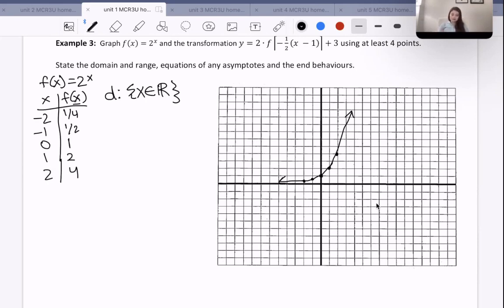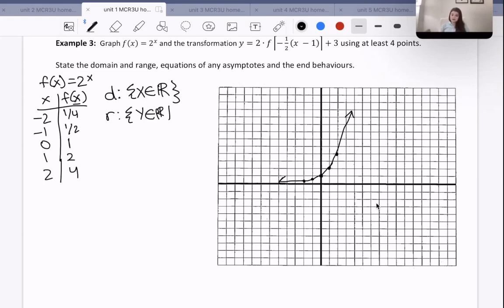Now, what about the range? For the range, the question is, is it true that we're able to span all of y as well, right? If I put in any real number for y, or for f of x, is it true that there's some 2 to the power of x value that can get us there?